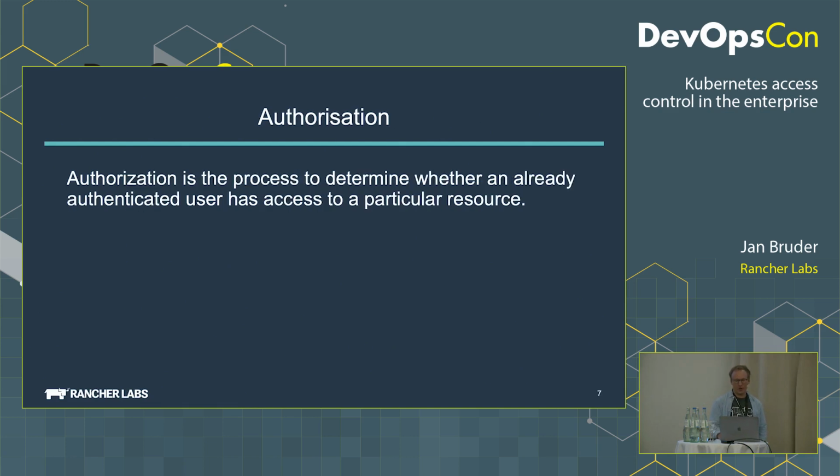And the authorization on the other part is once we already have authenticated a user, we want to establish whether a particular user request to access a particular resource should be allowed for that user. So that's the basic difference between the two.